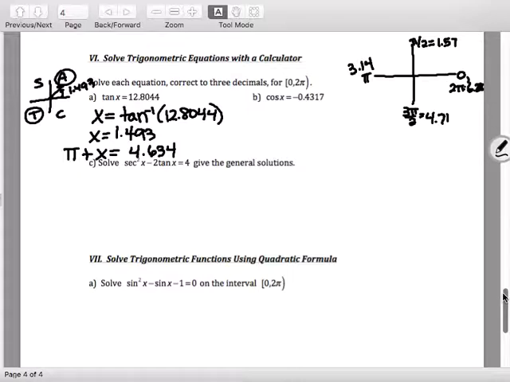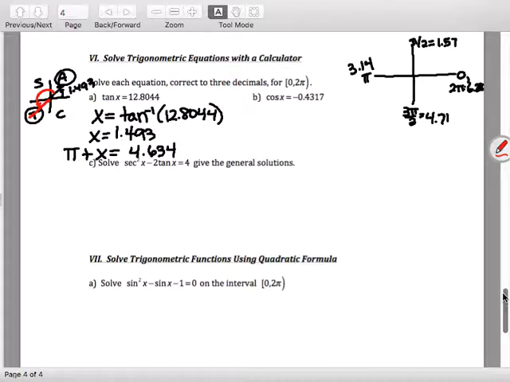All right, so now the reason why we added pi, let's make sure we're okay with this. The reason why we added pi is because from the first to the third quadrant, that is an angle of rotation of pi radians. So this is not true for all of the inverse trig functions.